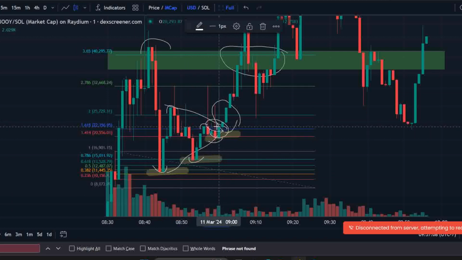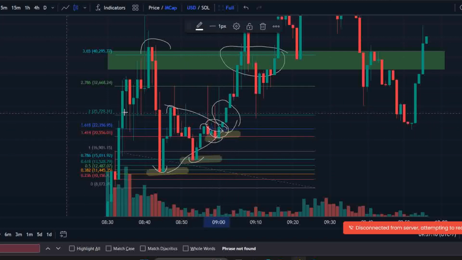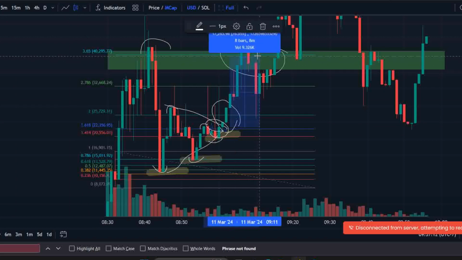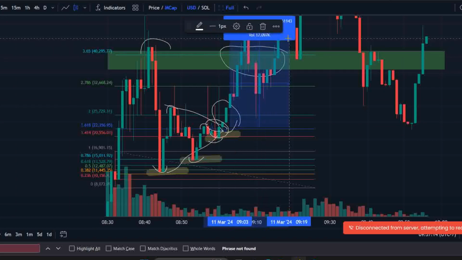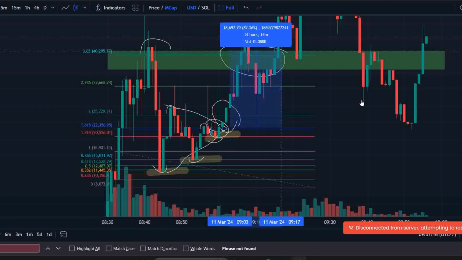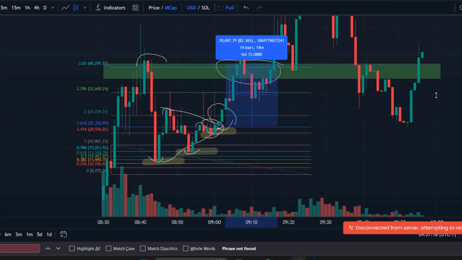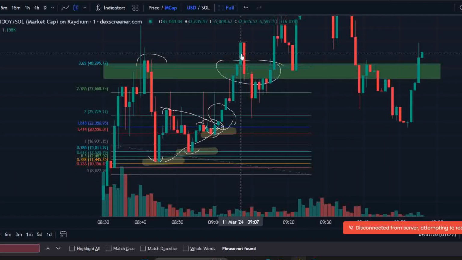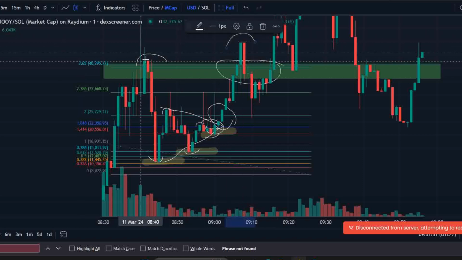Boom, went up. So again, this is another probably more than 100%. Yeah. And now on the larger time frame, as you can see, compared to this, it created a higher high.